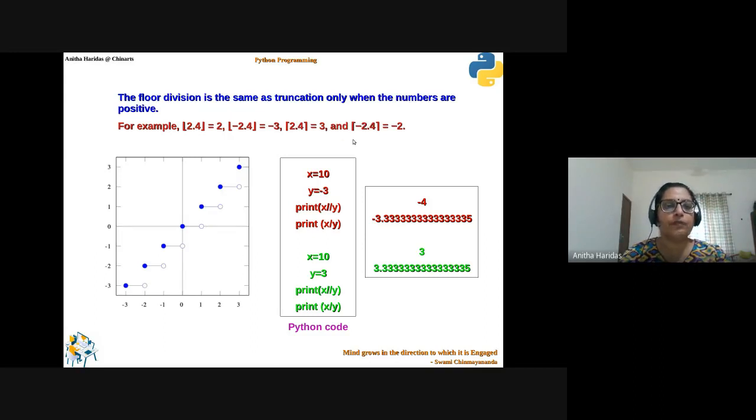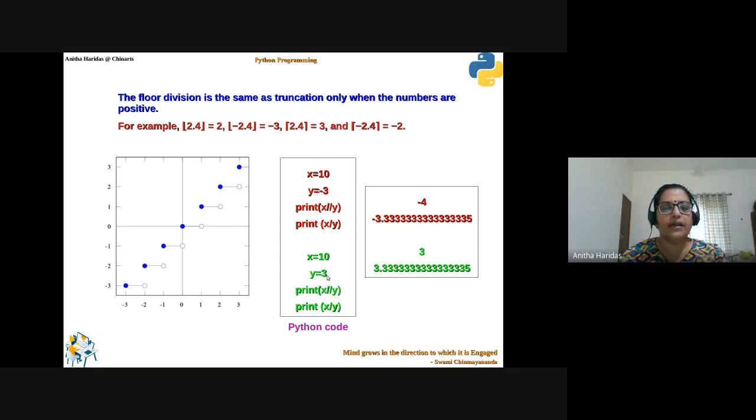Now, suppose, for example, you have the value of x as 10, the value of y as 3, right? Please observe this one first. Both are positive values.